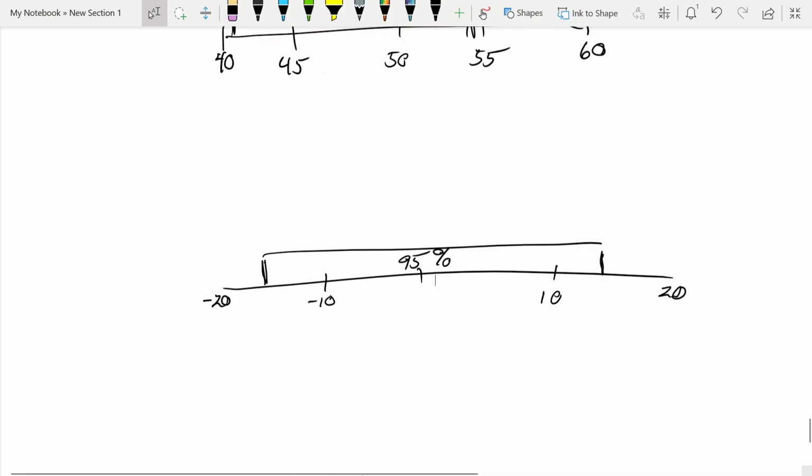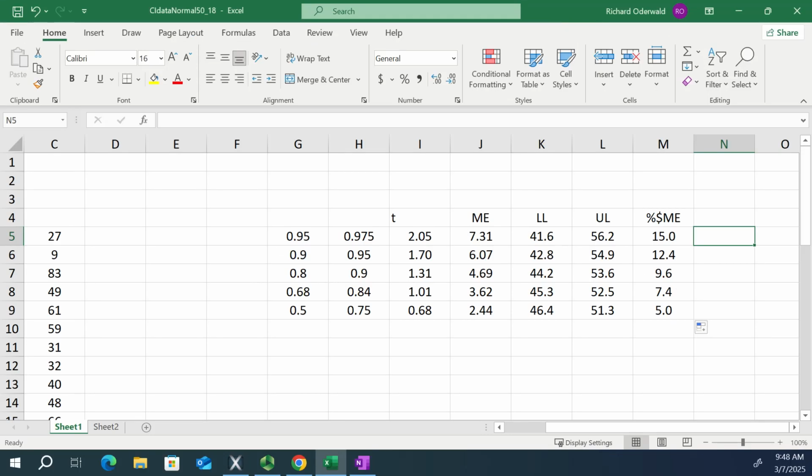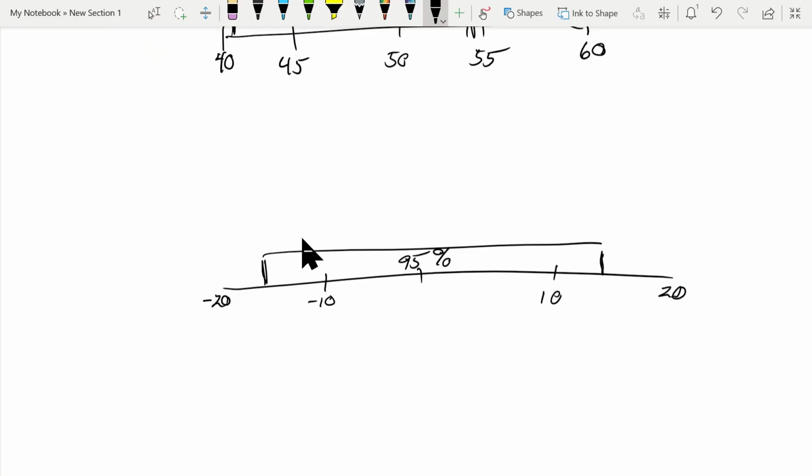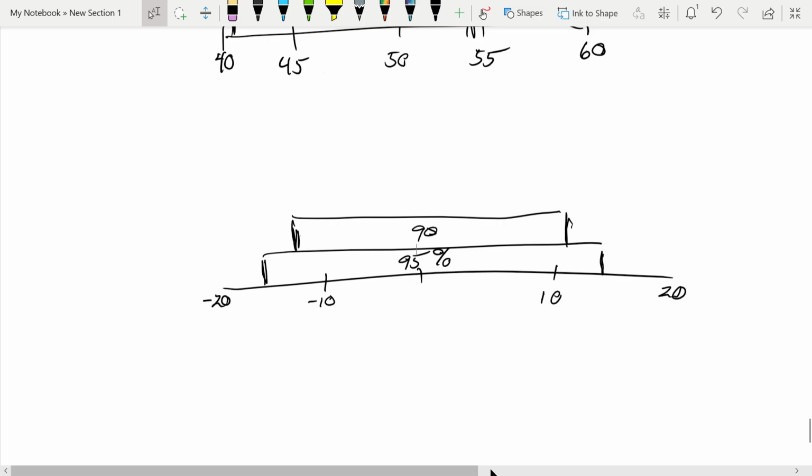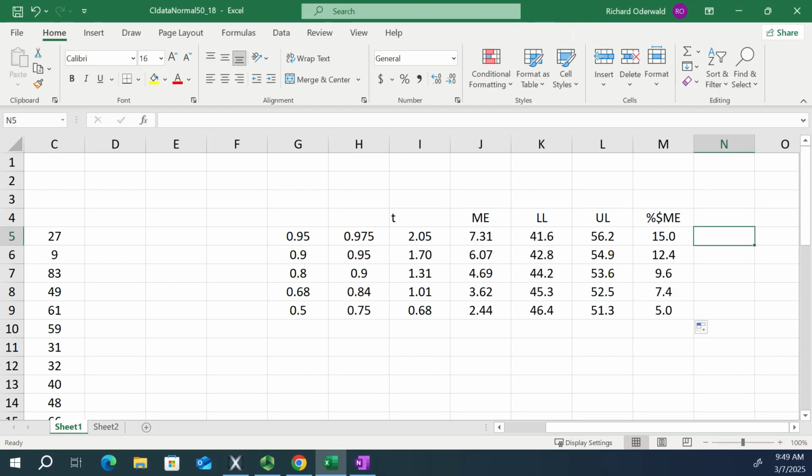What's the 90% bet? 12.4. 12 down, 12 up. That's 90%. 80% bet. What do we got? Plus and minus 9.6%.